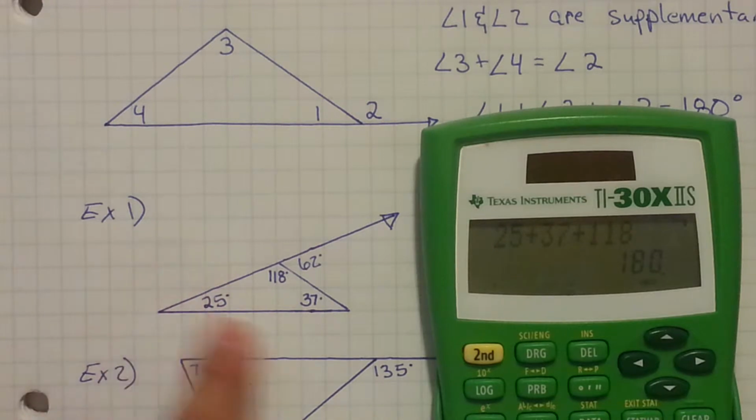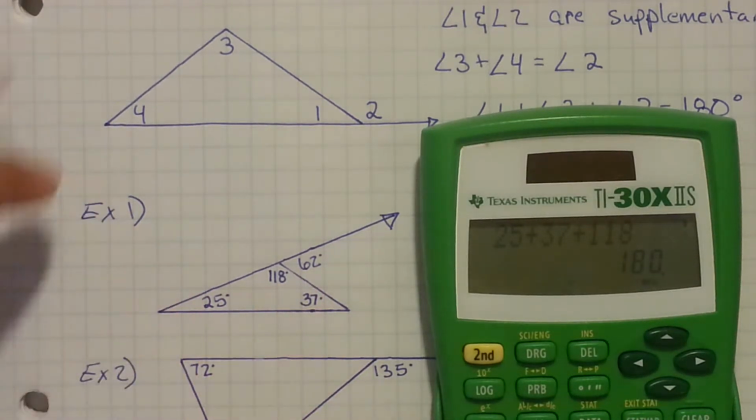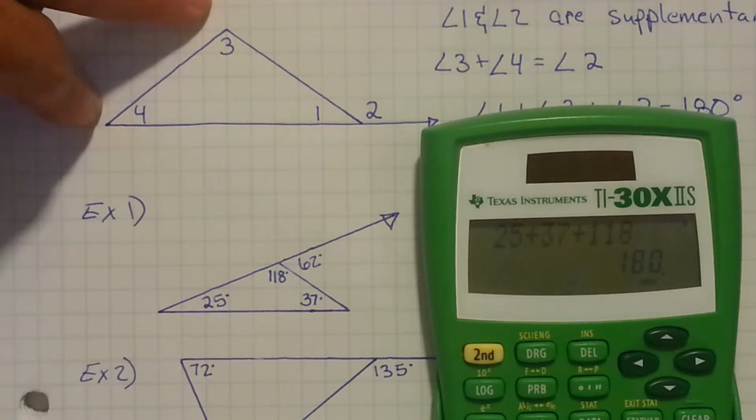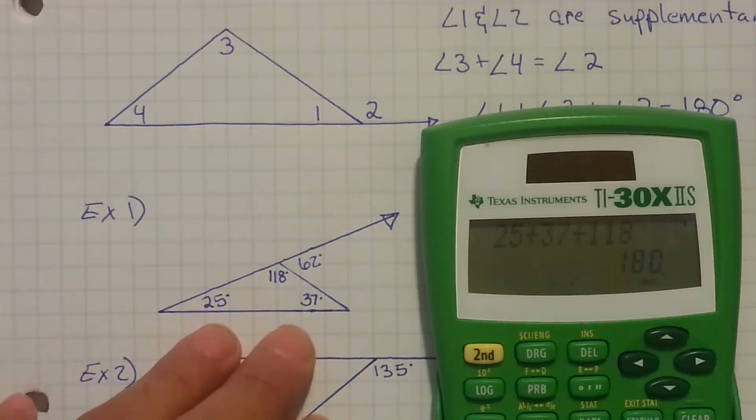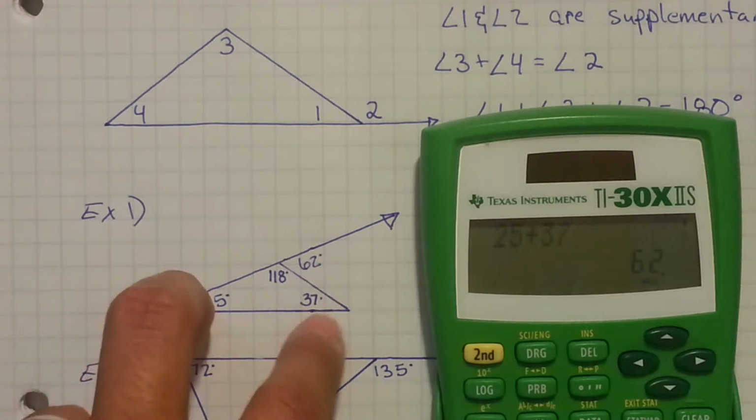So that was all my interior angles. Now let's see if I just add these two here, 25 plus 37, I get 62. I'll always get my exterior angle when I add these two together here.